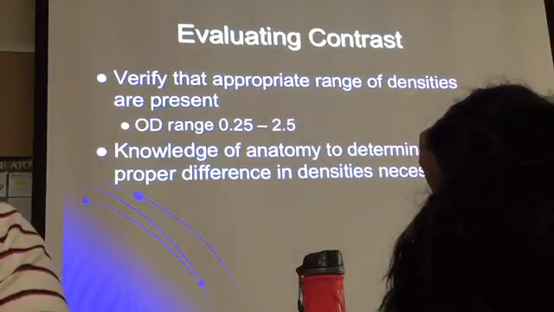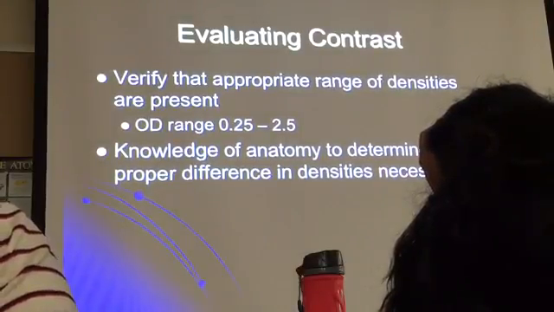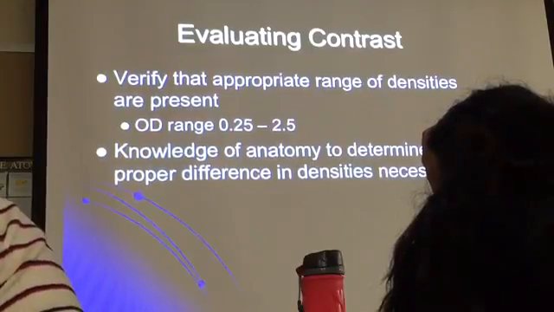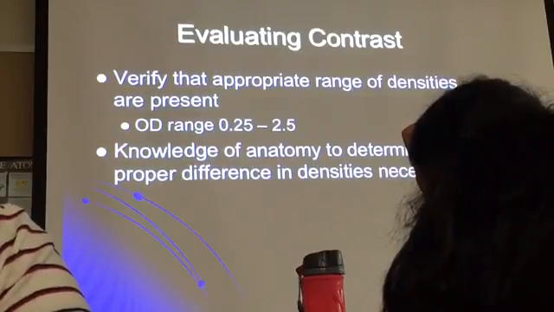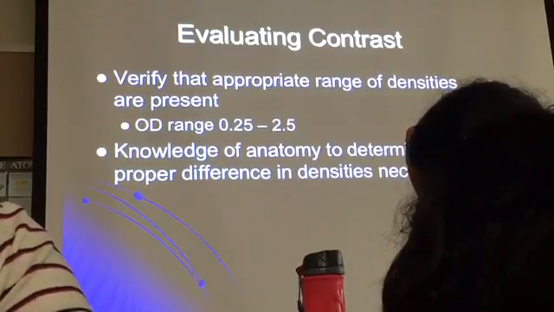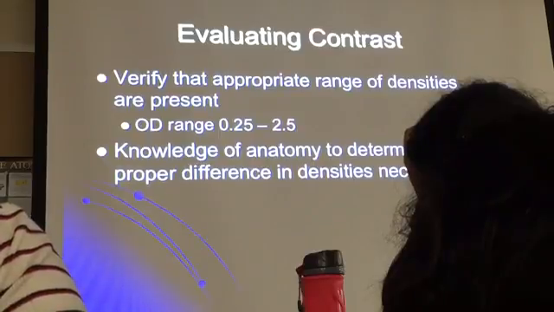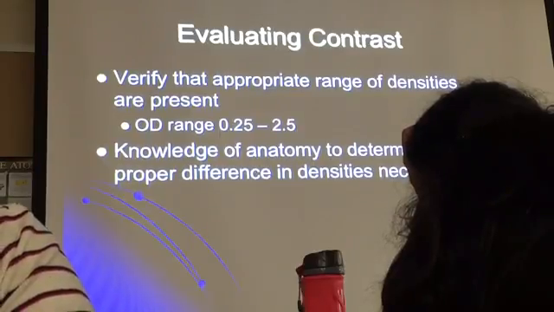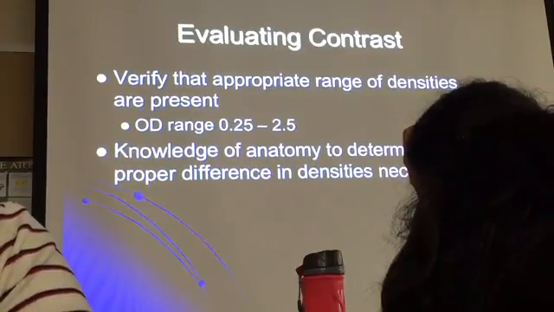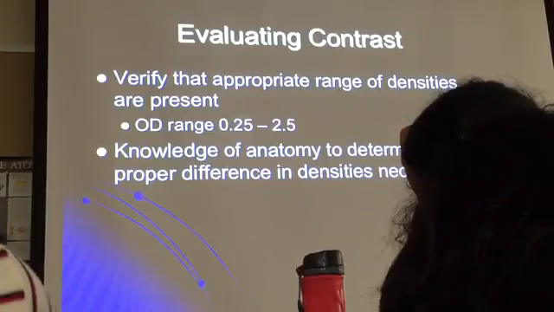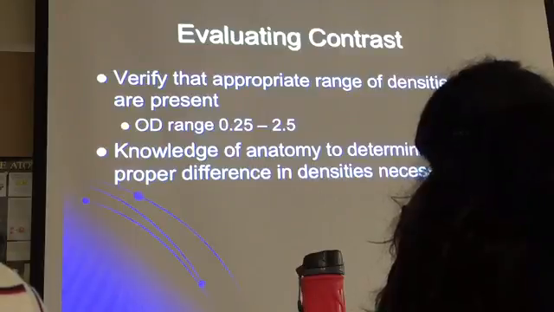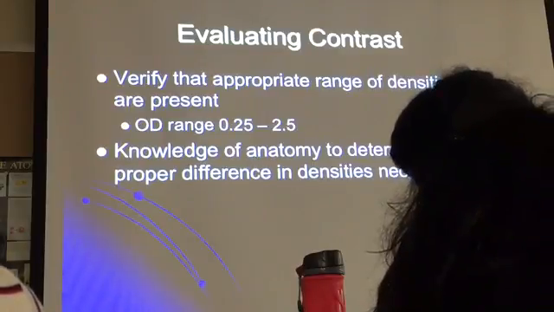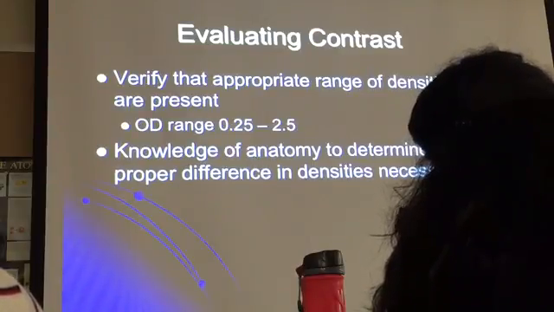Obviously, knowledge of anatomy to determine proper difference in densities is necessary. For someone who has never taken an anatomy class and is looking at a radiograph, and never looked at a radiograph either, it just looks like a blend of grays, isn't it? Has it happened to you guys yet where things are beginning to appear now? Oh, now you can see kidneys. Oh, look at that. Now I can see small bowel. Now, oh, look at that. That might be the spleen.